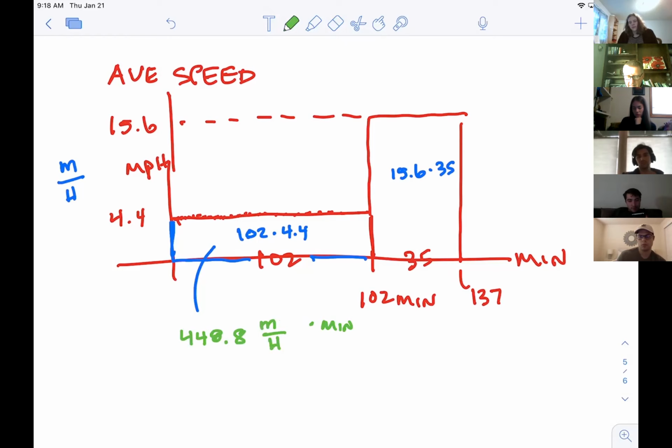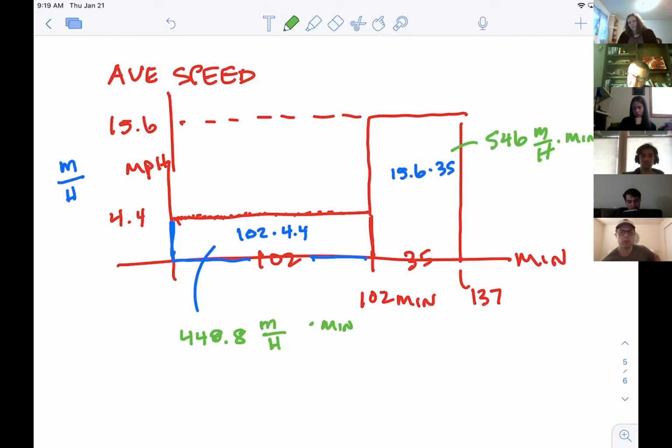The point is, this unit here is really miles. It's a distance. This unit over here is kind of the same thing. It's also a distance. When I multiply that, I got 546. So it's a distance.